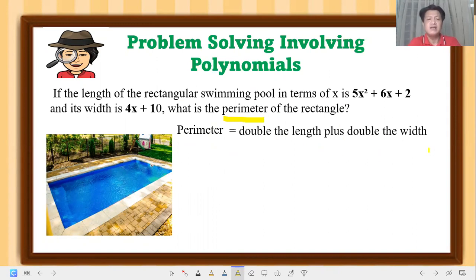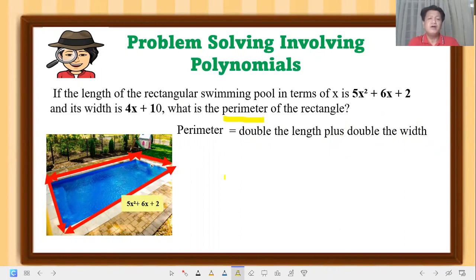Where is our length? This is the longer side. This is the length, and this is the other length, because there are two. And also the width. When we translate this verbal phrase, double the length plus double the width, into a mathematical phrase, we have this one.